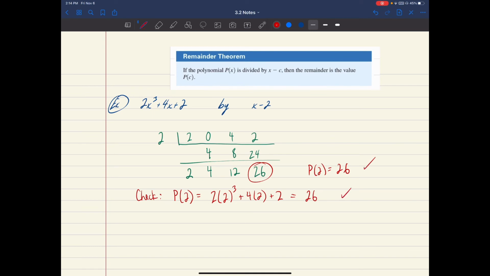So the remainder theorem just says that your remainder is the same number as if you were to plug it into the function. And so you can calculate these really fast using synthetic division. So this one, it's pretty easy to plug it in and calculate, but if you had a string of 10 terms, synthetic division would be a lot easier.